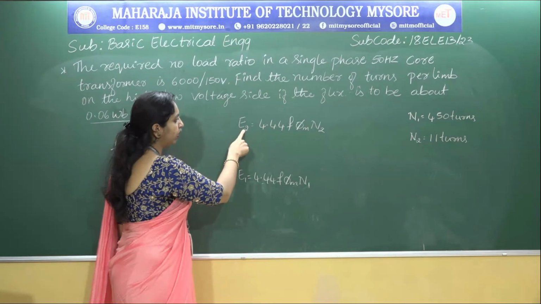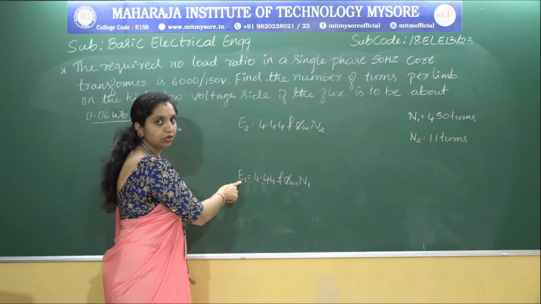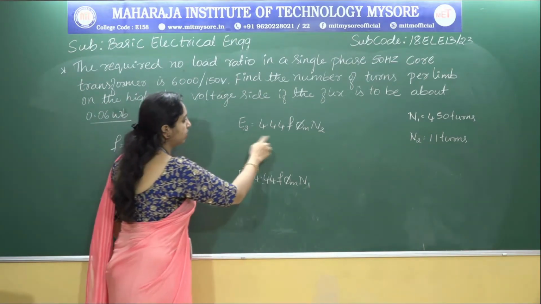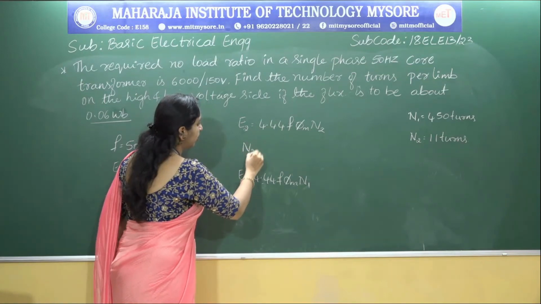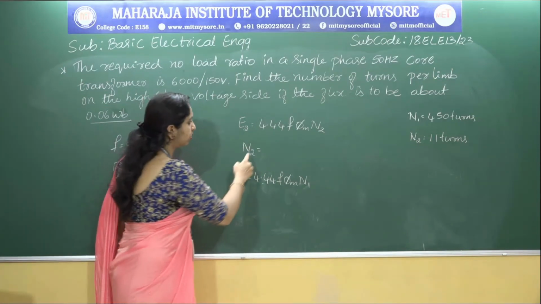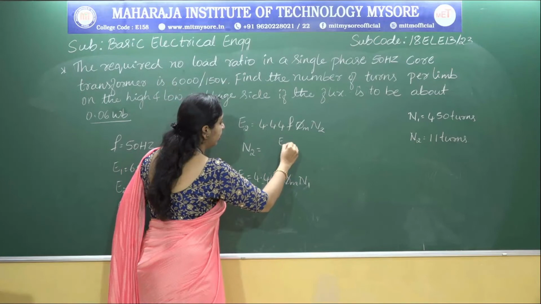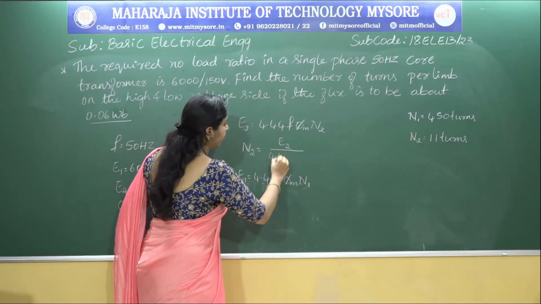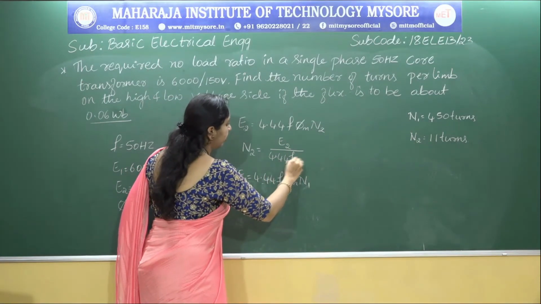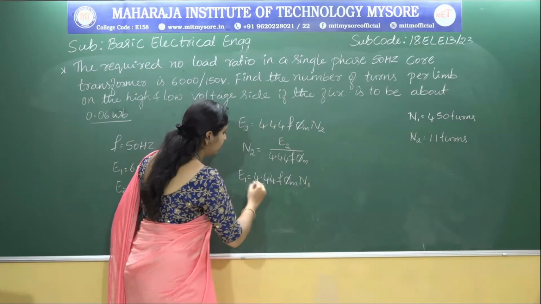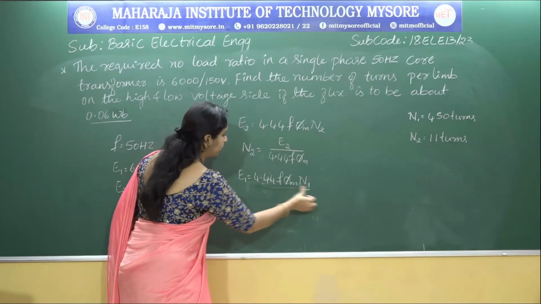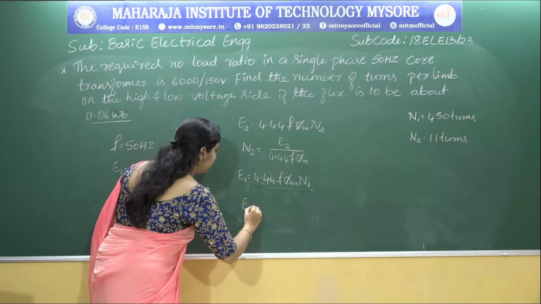Now the E2 and E1 values are provided in the problem. Substitute all these values because our aim is to find the value of N2. So N2 is equal to E2 divided by 4.44 F phi m.